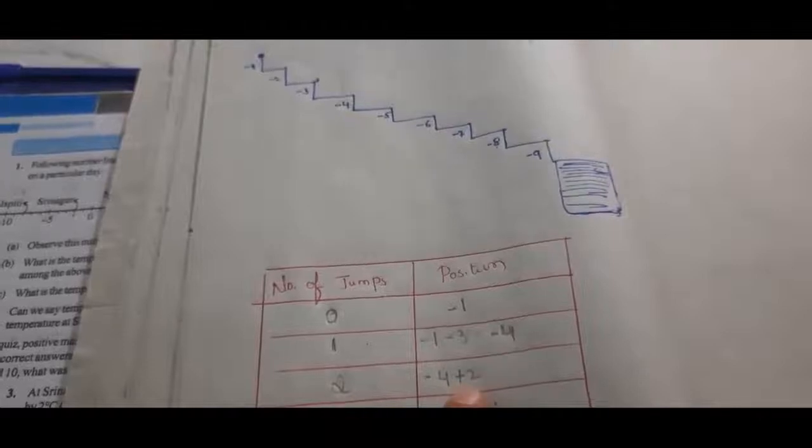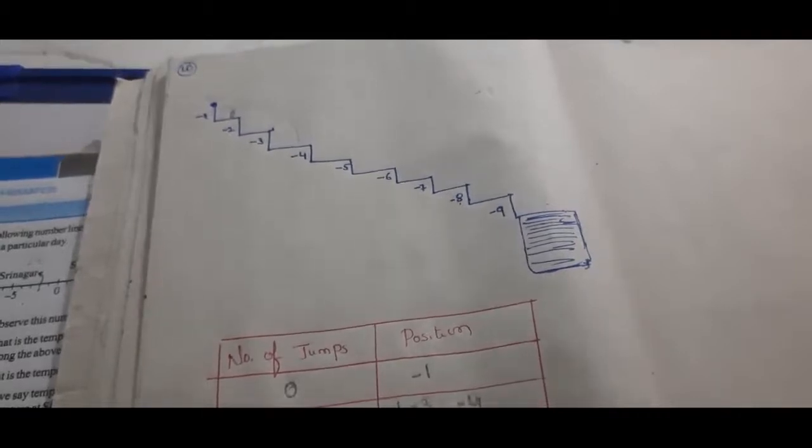Because when it jumps 3 steps down, we took -3, and in the alternate movement it steps 2 steps up. So -4 plus 2 is minus, 4 minus 2. Which is the greater number? Now in the second jump, which position has it taken? This one. Okay. Here we have to continue till it reaches the water level.